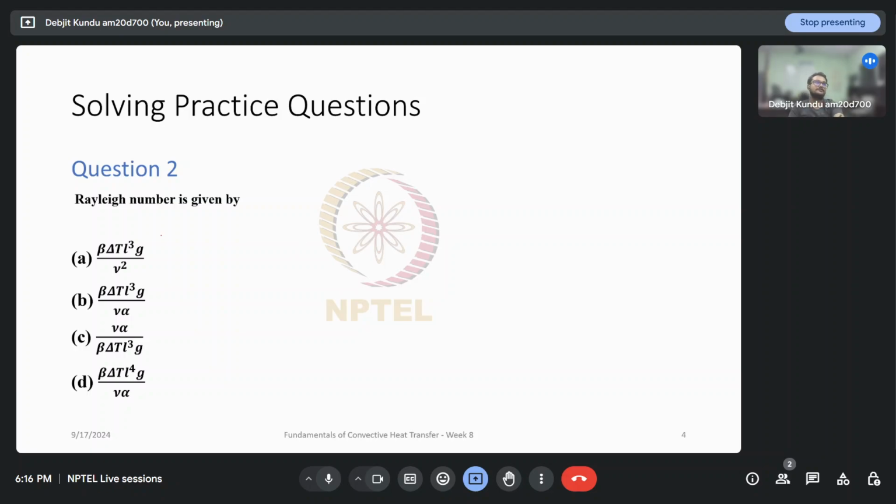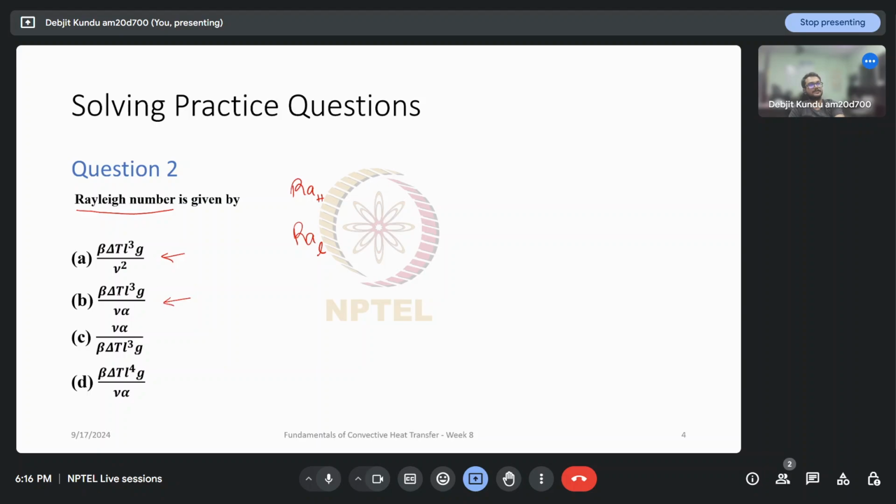We look at another important non-dimensional number now, known as the Rayleigh number, often represented like this, Ra suffix some h, or in this case L. So what is it given by? Is it given by option A, beta delta T L cube G by nu square?